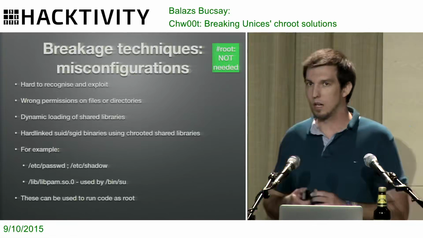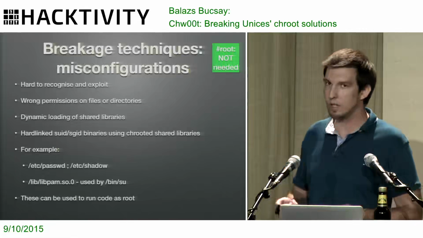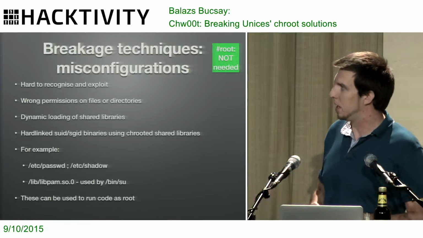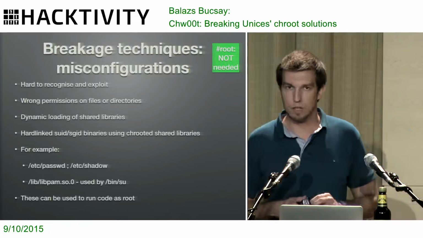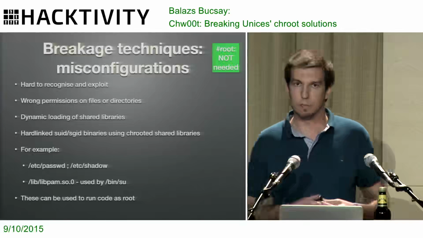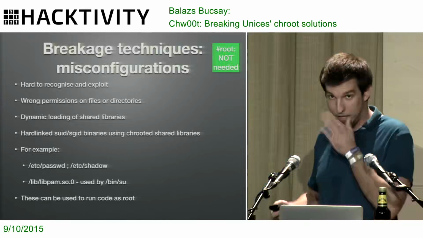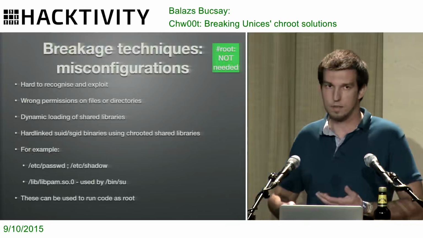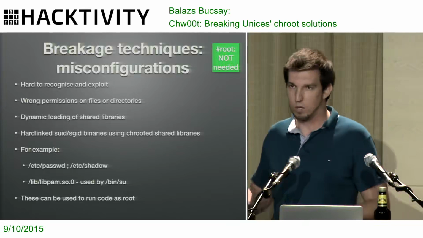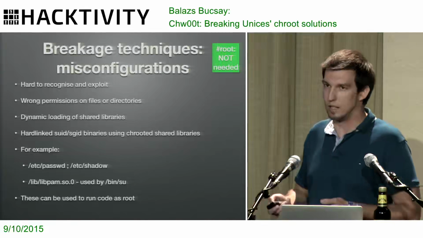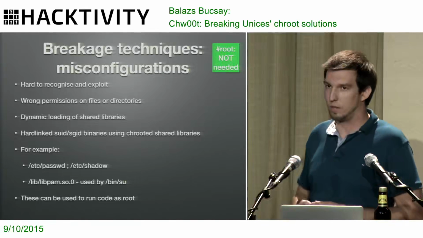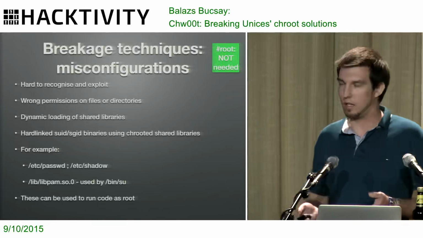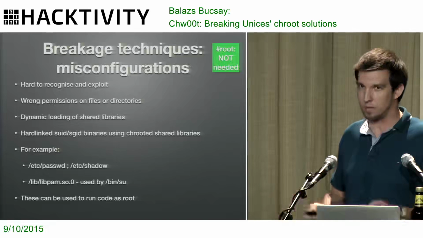Or if you have a hard-linked setuid binary in the chroot, for example /bin/su, and you have the lib or /usr/bin directory writable for any user, you can just place a shared library that has your code, and the binary which has the setuid bit on it will execute your code in a privileged context, of course.